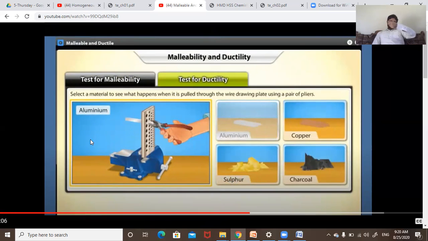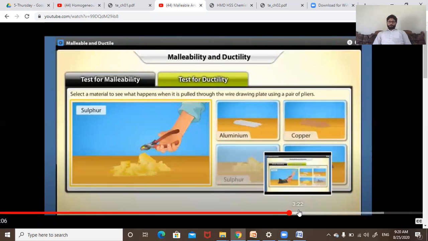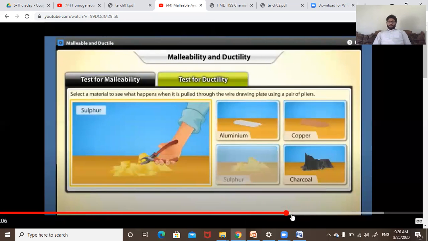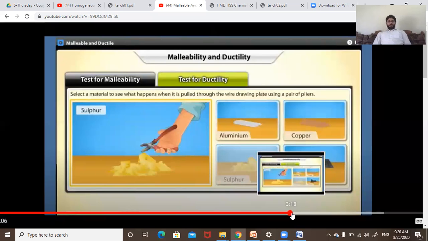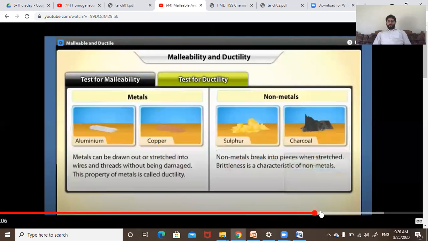When they push it through small holes, it converts into wire. This is the property of metals, while non-metals don't have such properties. Like copper, when we stretch it, it converts into a thin wire. While in the case of sulfur, it's not possible to stretch it because it is a non-metal.